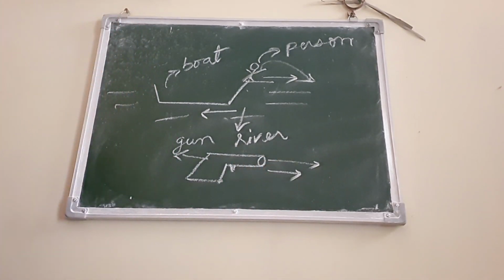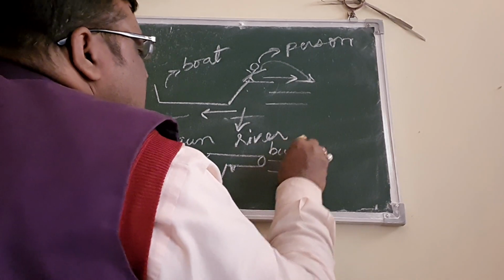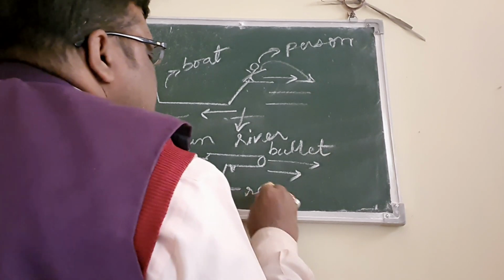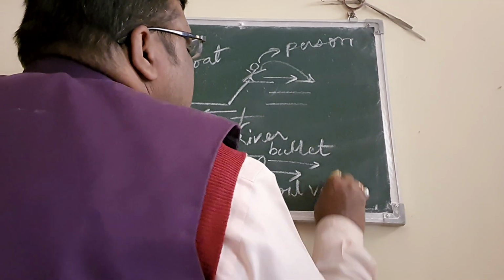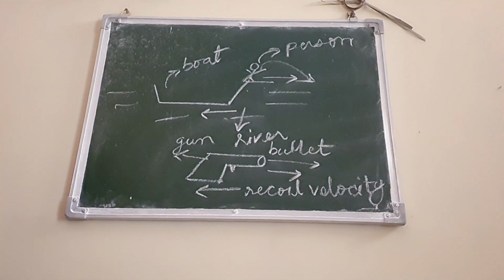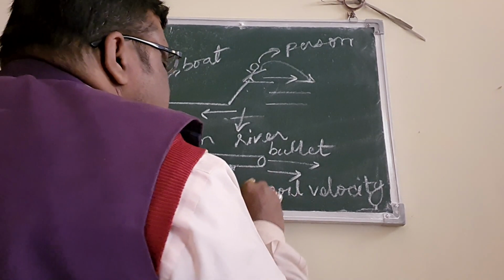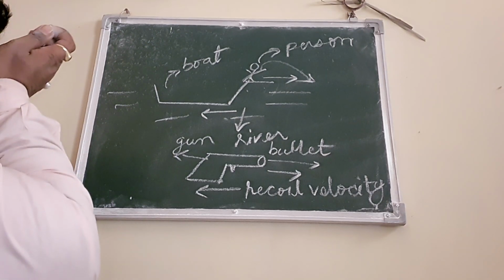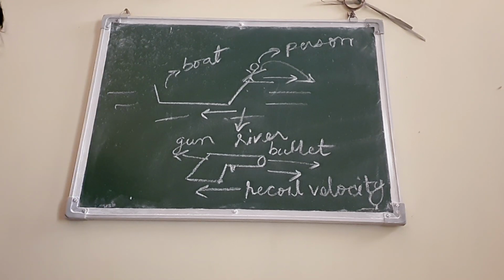The bullet moves in the forward direction, and the gun moves in the backward direction with its recoil velocity, due to which it moves backward, and we say that it is the reaction of the action, and so it is also an example of Newton's third law of motion.